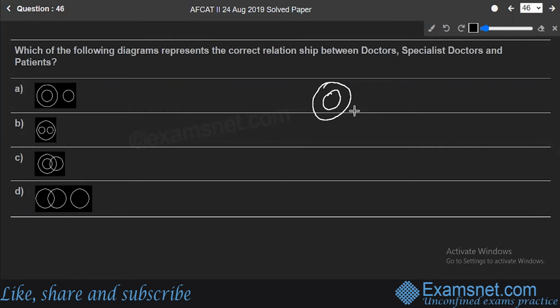All the doctors are not special. And the patients form a separate entity. So this one won't go, this one won't go, even this will not go. All the special doctors are doctors only. So only option A will go in this case. This is the answer to the question. Hope this is clear. Let's move.